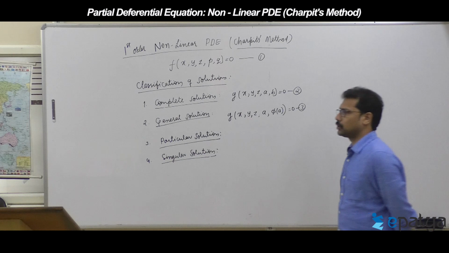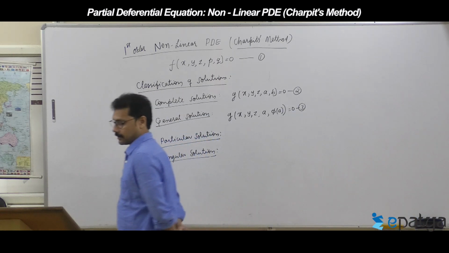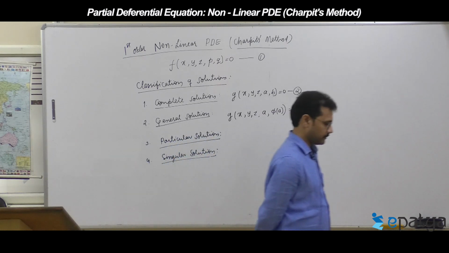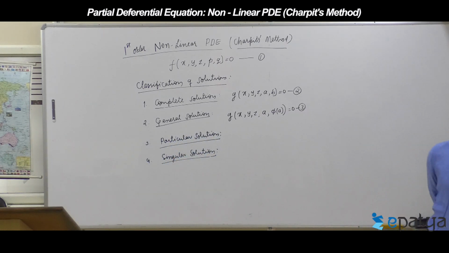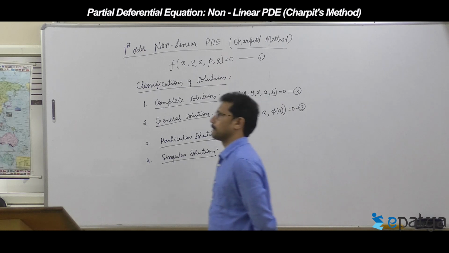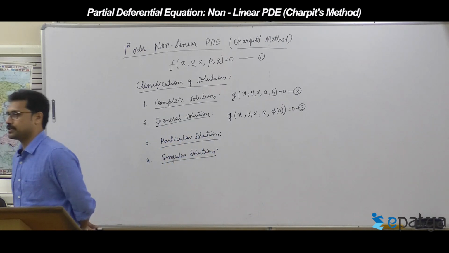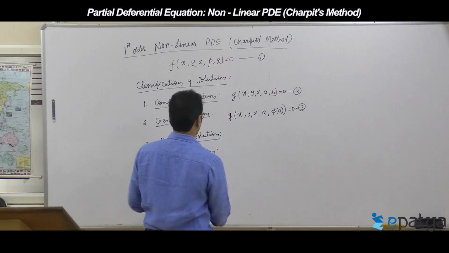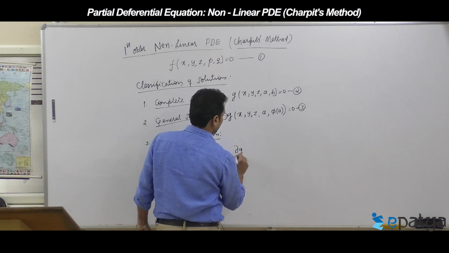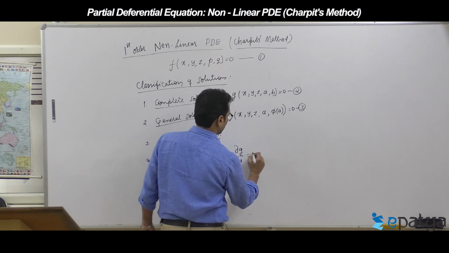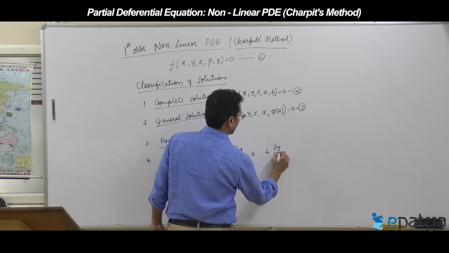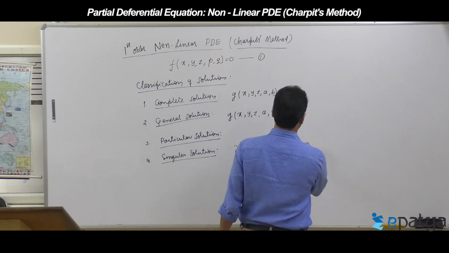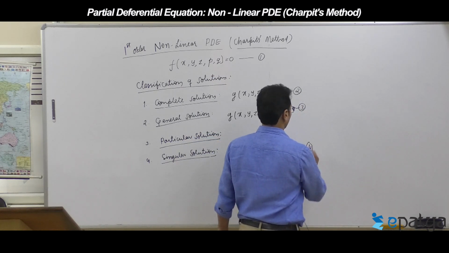Partially differentiating equation 2 with respect to a and with respect to b separately, what we get is dou g by dou a equal to 0 and dou g by dou b equal to 0. Let these equations be equations 4.